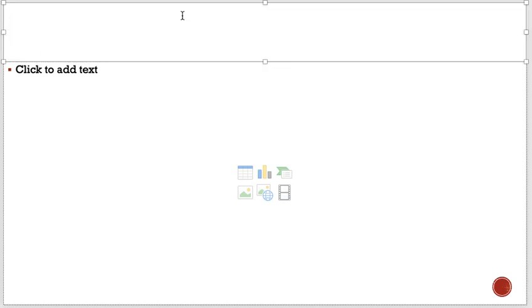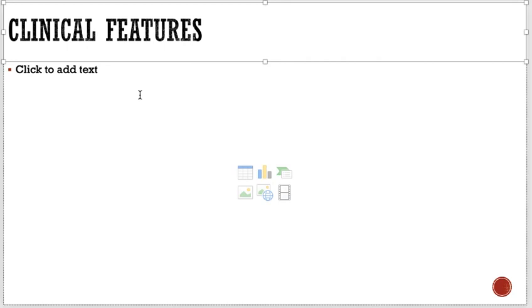So how do these patients present? Clinical features: all these patients who have aplastic anemia have decreased cell lines, all the cell lines. So symptoms of anemia will be there.